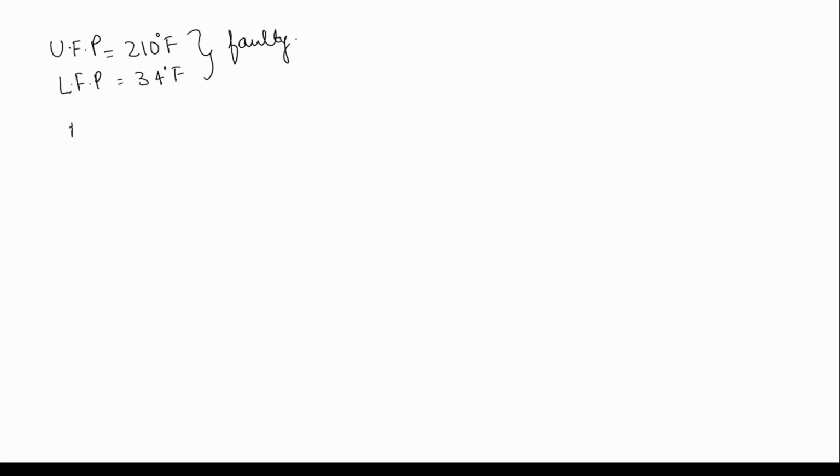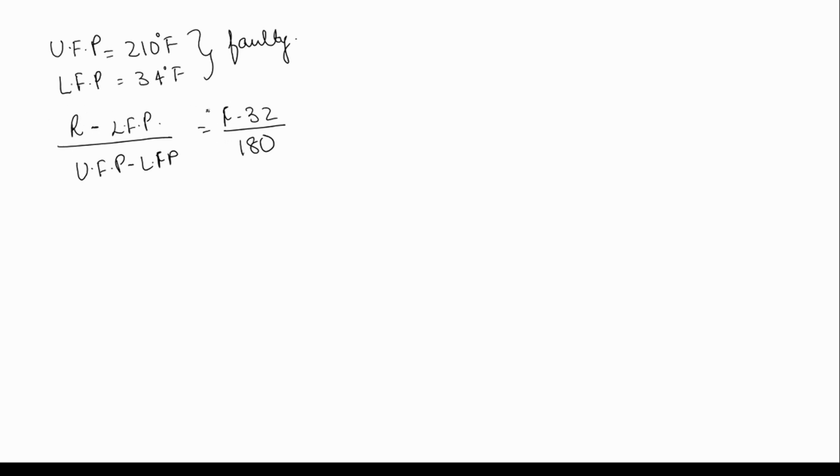We know for any thermometer, this is in Fahrenheit, correct reading minus lower fixed point by upper fixed point minus lower fixed point is equal to, as this is in terms of Fahrenheit, F minus 32 by 180.